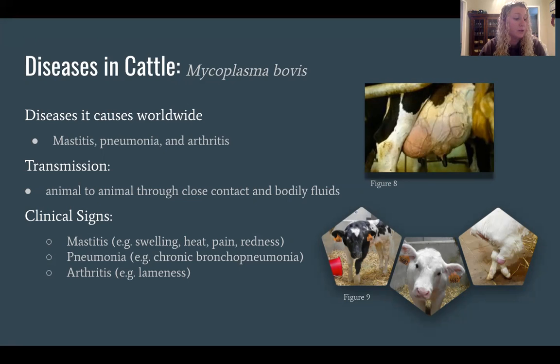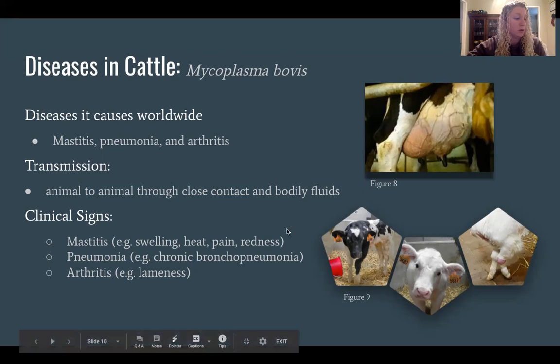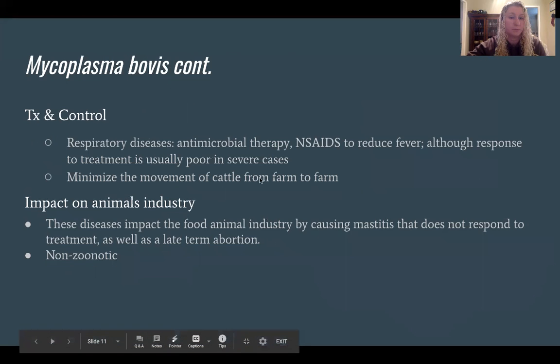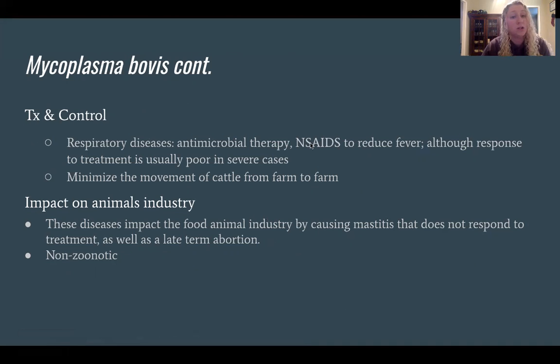They can include anywhere from keratoconjunctivitis, suppurative otitis media, meningitis, and they can cause severe pneumonia in calves. Mycoplasma can also exacerbate respiratory disease caused by Pasteurella and Mannheimia.